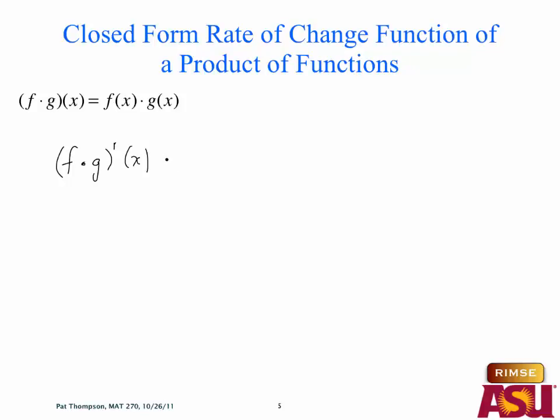So if we were going to figure out what is this rule for the rate of change of a product of functions, how do we start? Everyone in the room should be able to write it down. How are we going to start doing this? Let me use differential notation. Maybe it would be easier to see. Yeah, that's better. Okay, so using differential notation.